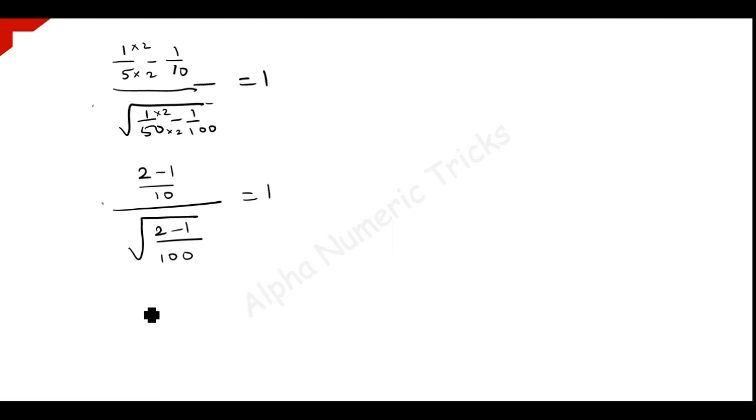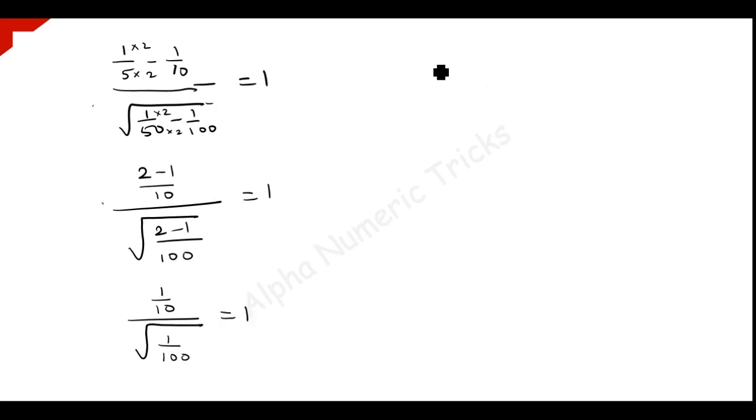That is, when you multiply this by 2, you get the base 10, and in the same way you multiply this by 2, you get base 10. So from this you have 2 minus 1 over 10 over square root of 2 minus 1 over 100 is equal to 1, or this term is 1 over 10 divided by square root of 1 over 100 is equal to 1.